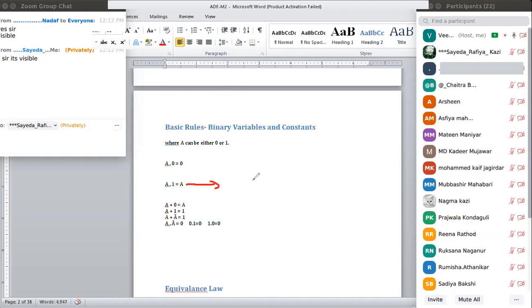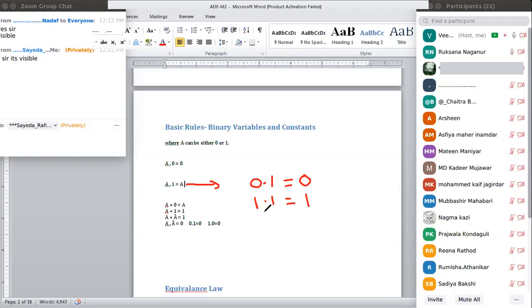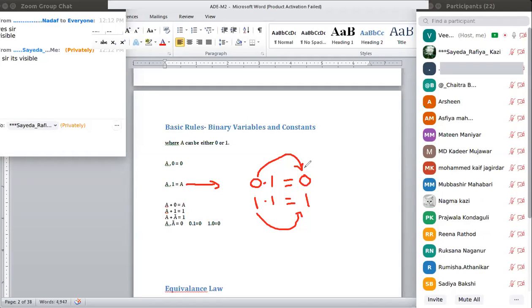If A is 0 dot the constant number 1, what will be the result? It will be 0. If A is 1 and the constant number is 1, what will be the result? It will be 1, this one.